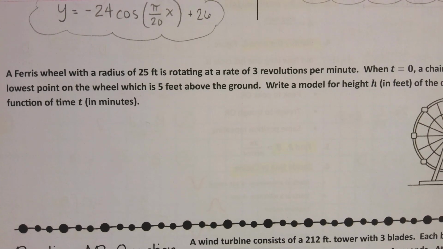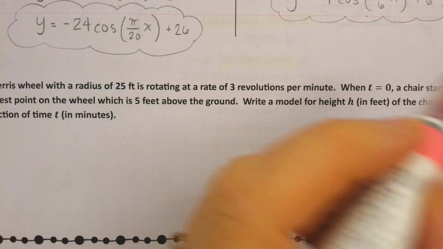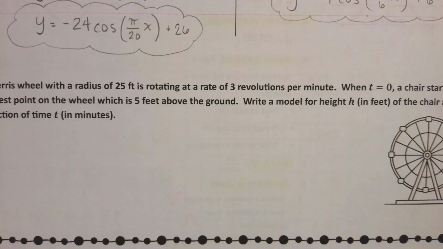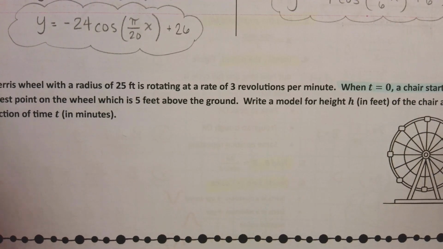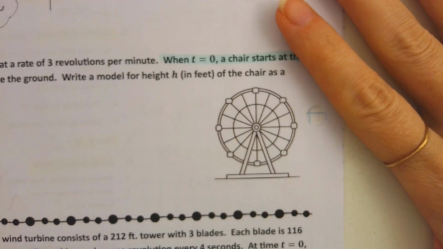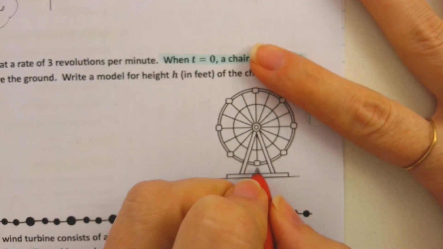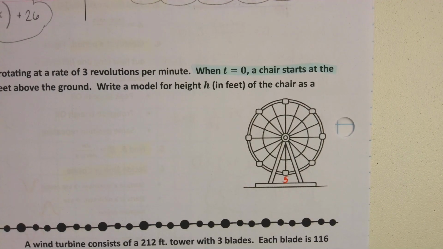Okay, so let's see. I am told that we're starting at the lowest point. It does say the lowest point is 5 feet above the ground. Feel free to label that on your graph here. Now, they did secretly tell us the highest point. They just didn't spell it out.